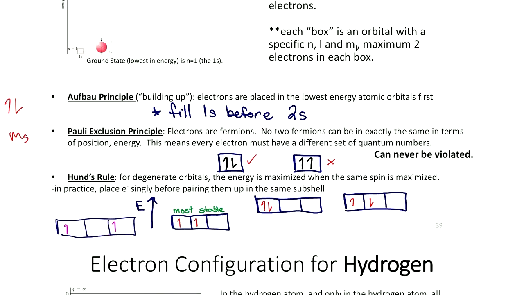Both of these are equally as likely. As humans, we read and write left to right, so we will put electrons in the boxes left to right, but you don't have to. In this example, I still maximize spin. Electrons are still in their own box, so it still is okay with Hund's rule.